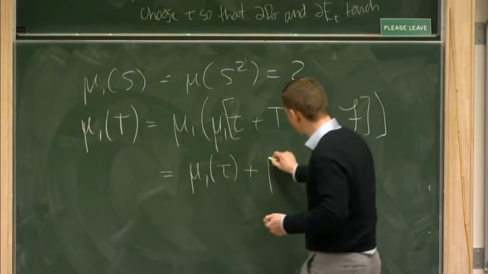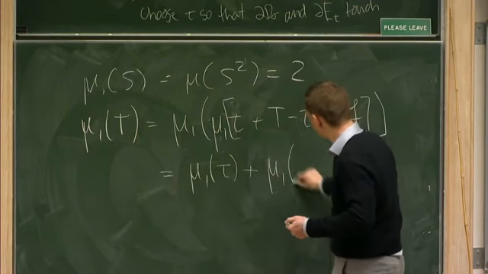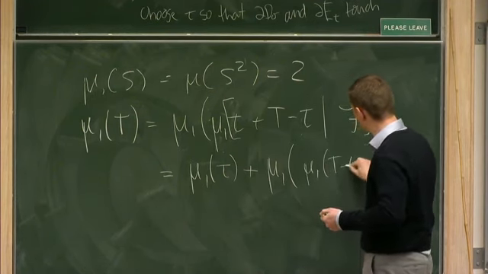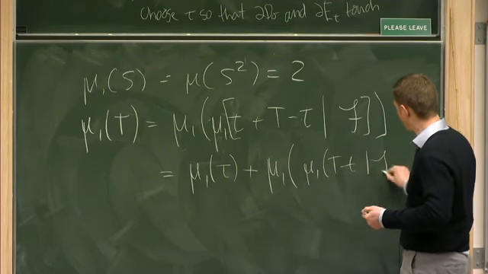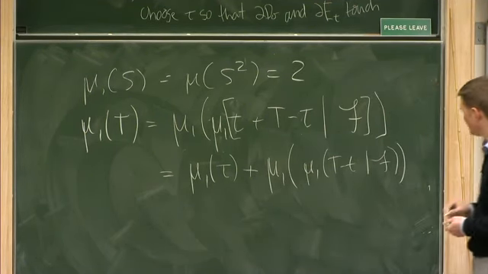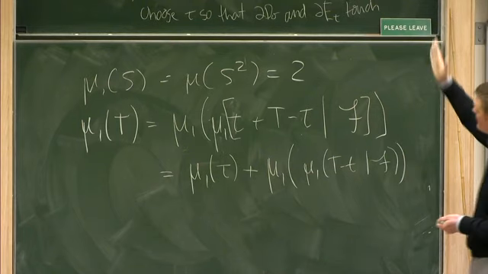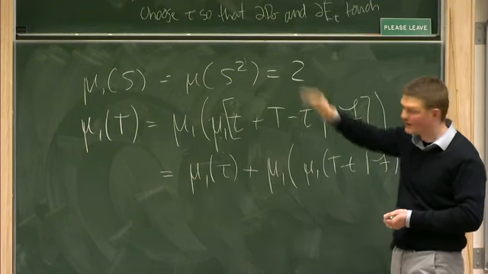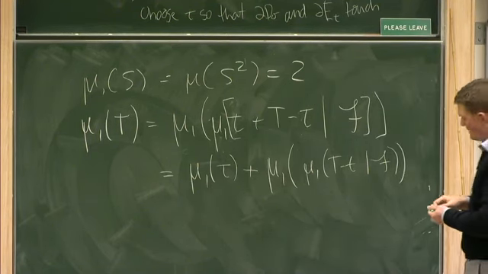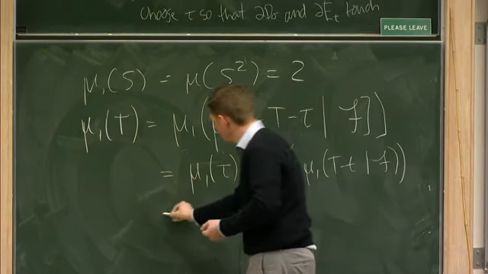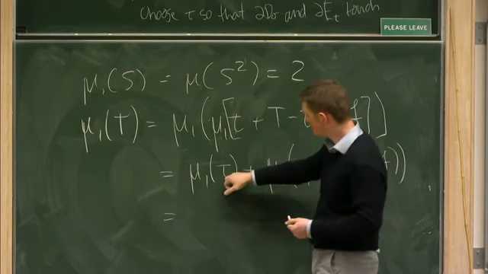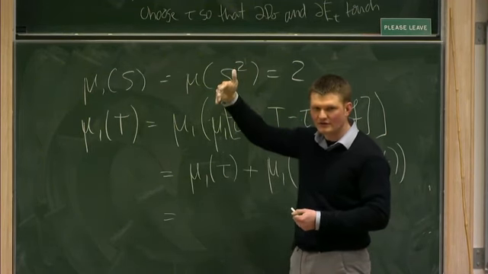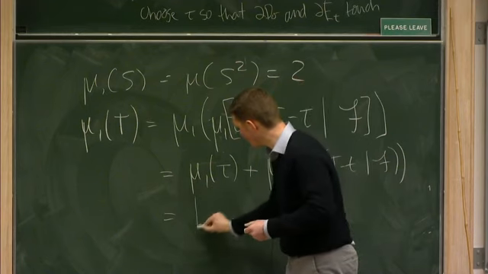So this is mu1 of tau plus mu1 of the conditional law of the remaining time. So you ask how much time has it taken so far and what's the expected amount of time it's going to take after that. And then this is 1 because the law of tau is the same under mu1 as under mu2, and under mu2 it's just an exponential random variable, so that's 1.